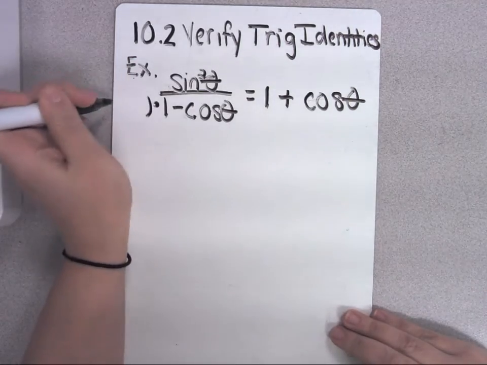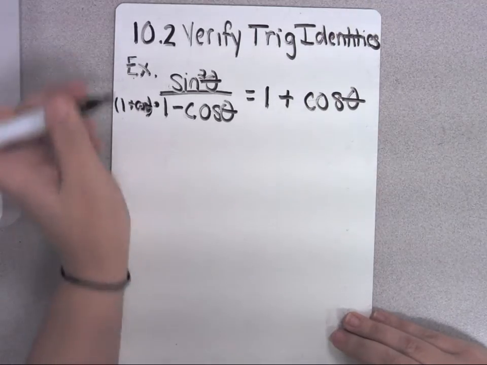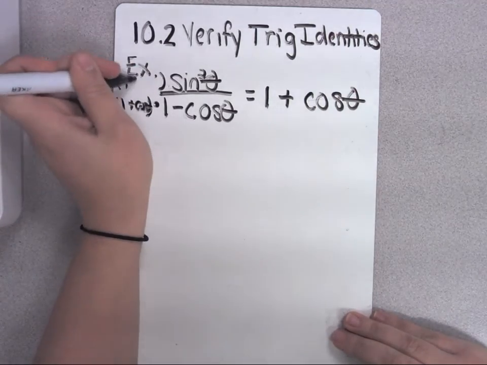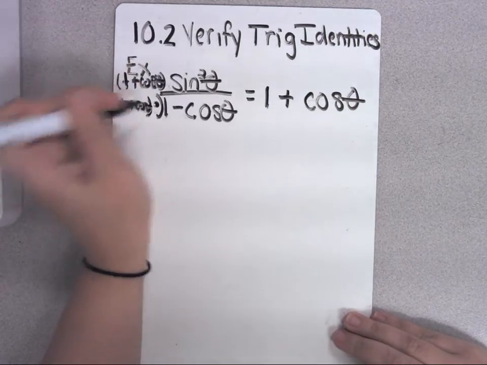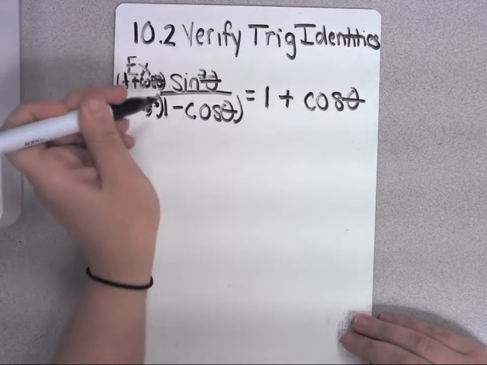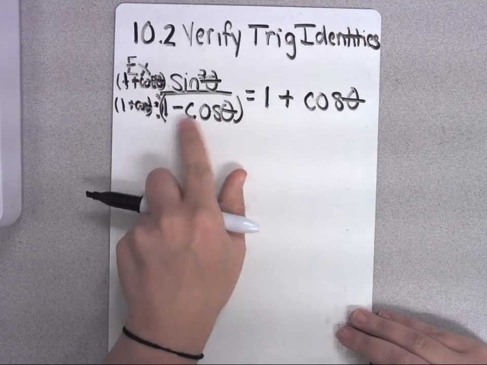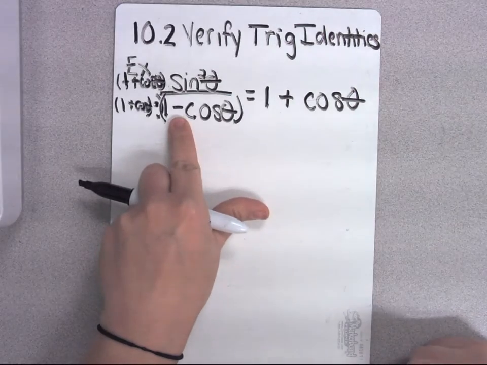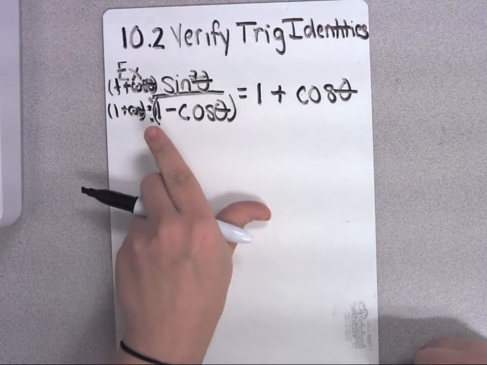You're going to multiply the top and the bottom by 1 plus cosine of theta. When you have a binomial in the bottom, you multiply by its conjugate, which is the same thing, but whatever the sign is, make it its opposite.